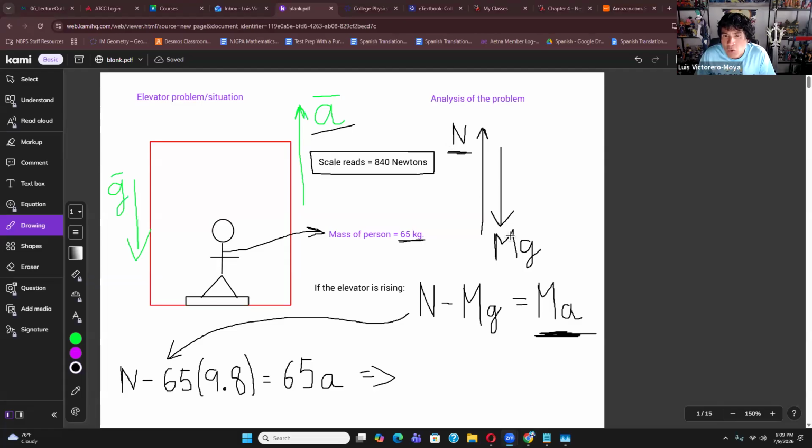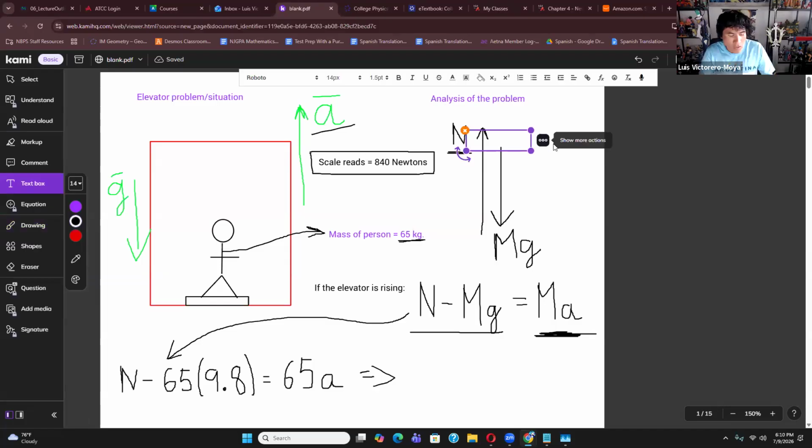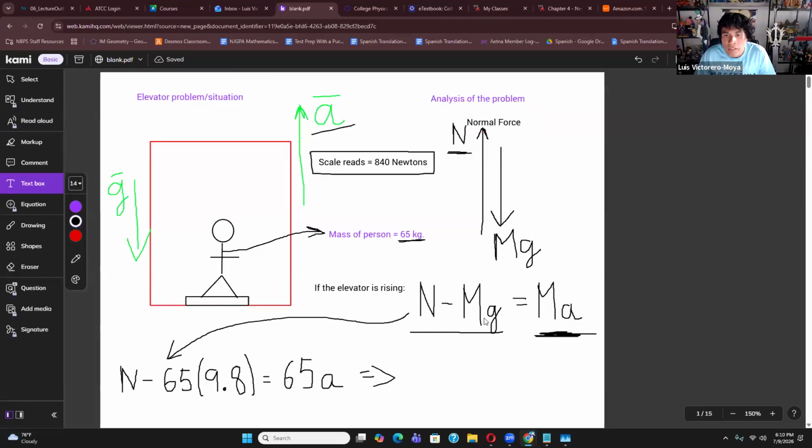So the resultant of these two forces is written like this: normal minus the weight of the person. So normal minus mg equals the mass of the person times the acceleration.